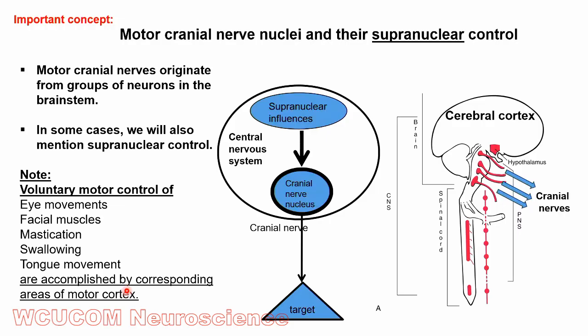Just understand this big central nervous system concept, right? Supranuclear is really the equivalent of upper motor neurons. You're hitting lower motor neurons, and then you go to that peripheral target, whatever the target may be.